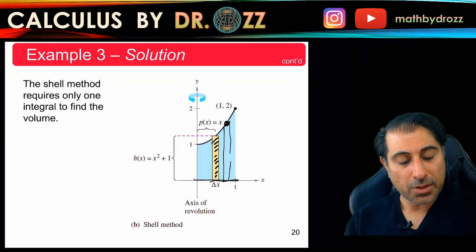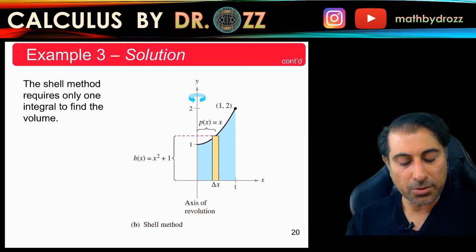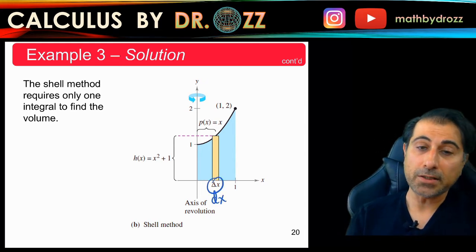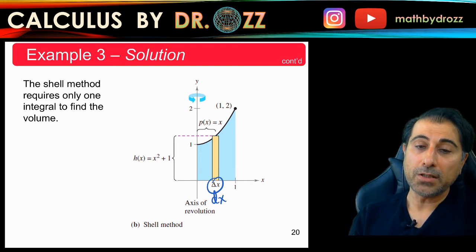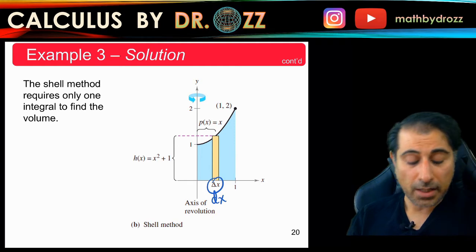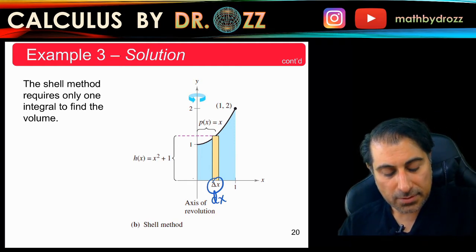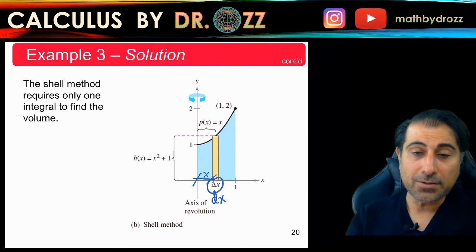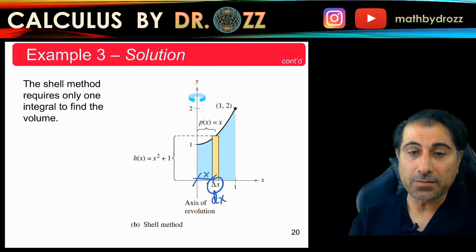When you choose a representative rectangle of this sort, the thickness is going to be dx. So everything written under the integral sign should be a function of x, and we need radius and height. Let's say this rectangle here is x units far from the axis of revolution.